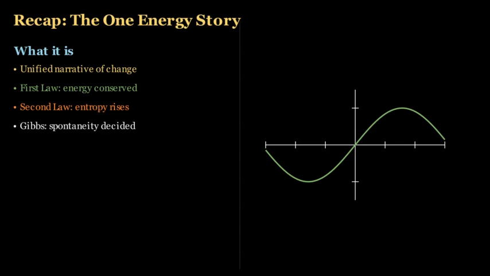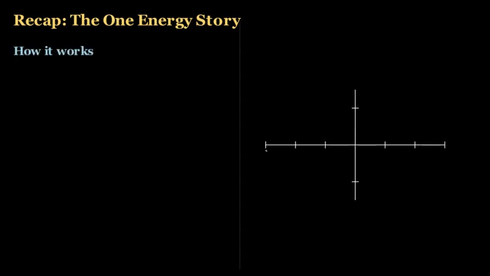Whether a reaction happens on its own, its spontaneity, is decided by the tug-of-war between enthalpy and entropy at a given temperature, captured by Gibbs free energy. And even when a reaction is spontaneous, it still needs a kick of activation energy to get started. These 4 ideas aren't separate rules, they're chapters of the same story. Let's walk through the 4 chapters.